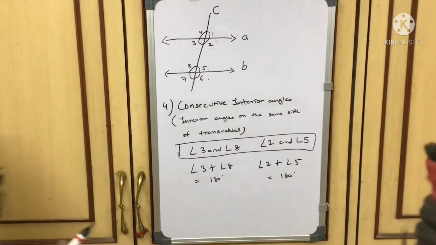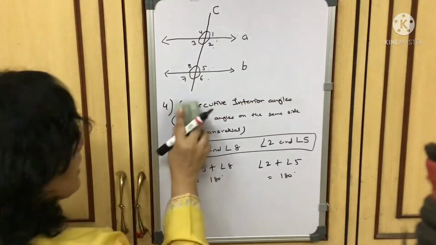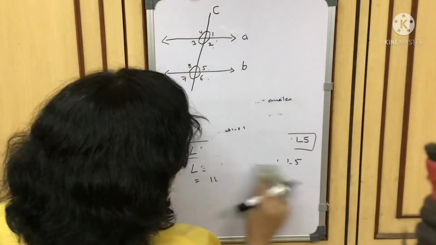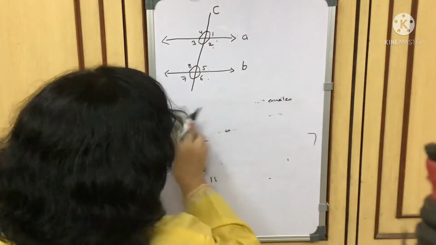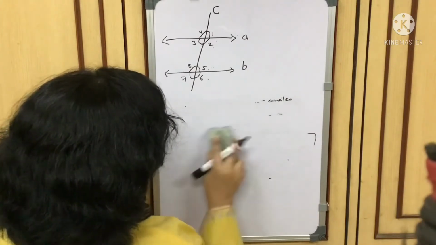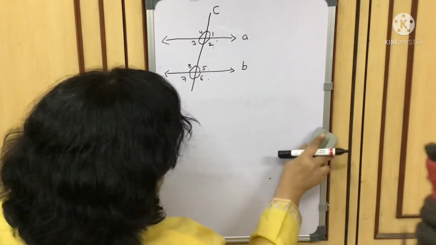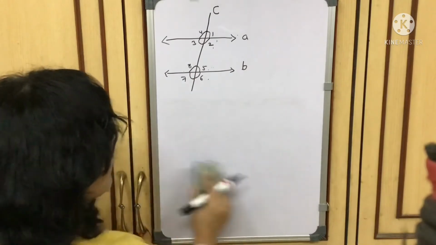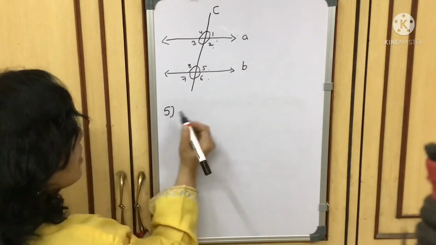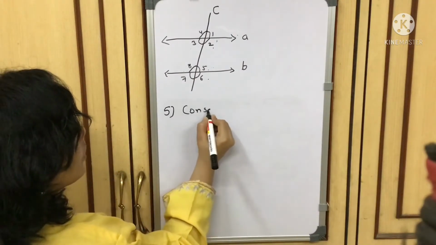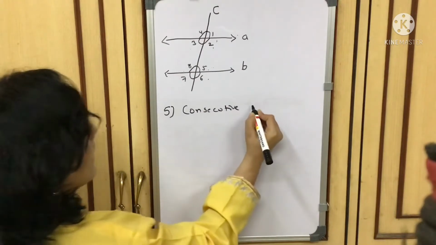Now we learn about the fifth type of angle. So the fifth type of angle is the consecutive exterior angles.